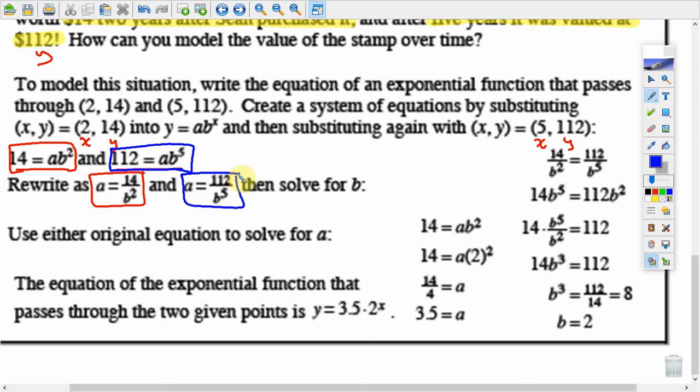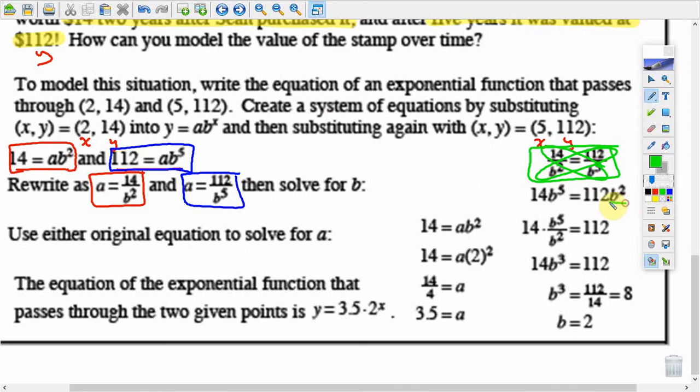And then since they're both equal to a, we can set 14 over b squared equal to 112 over b to the fifth, which is what is done right here. So 14 over b squared equals 112 over b to the fifth. You can cross multiply so that we get 14 times b to the fifth equals 112 times b squared.